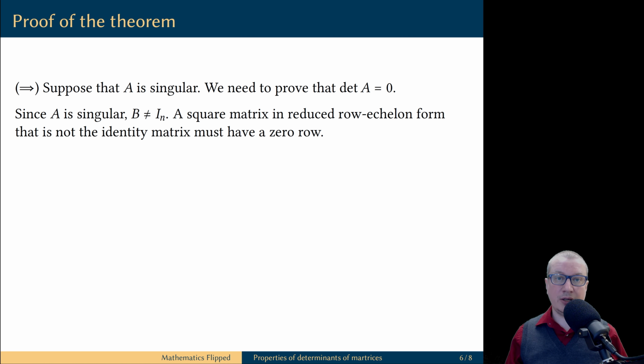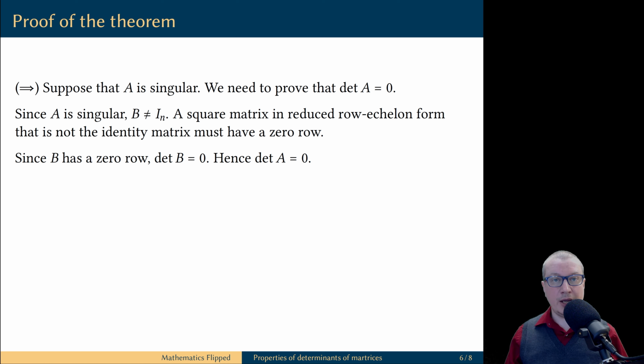It means that matrix B must contain at least one 0 row. But in one of the previous videos, we already proved that a matrix with a 0 row must have 0 determinant. So, determinant of B is equal to 0. This means determinant of A must also be equal to 0.